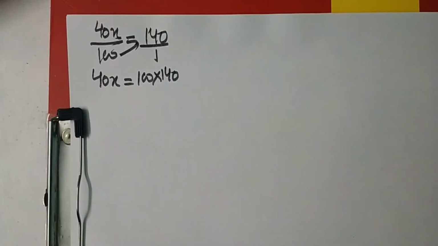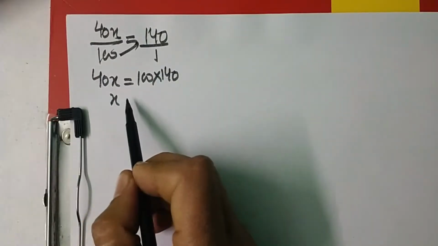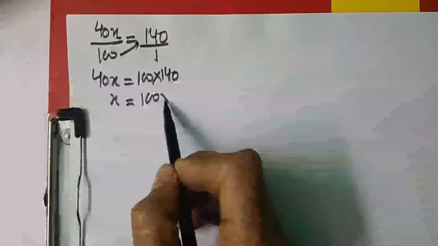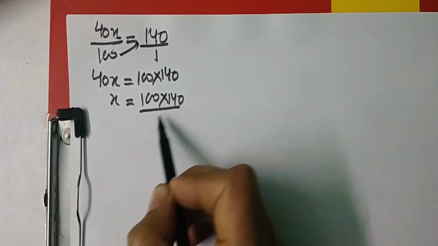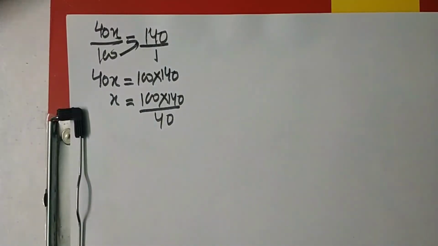You can hear clearly. Type yes if you can hear clearly. It will become 100 into 140 upon 40. So divide and get the answer. What is the answer? Calculate and type below it.